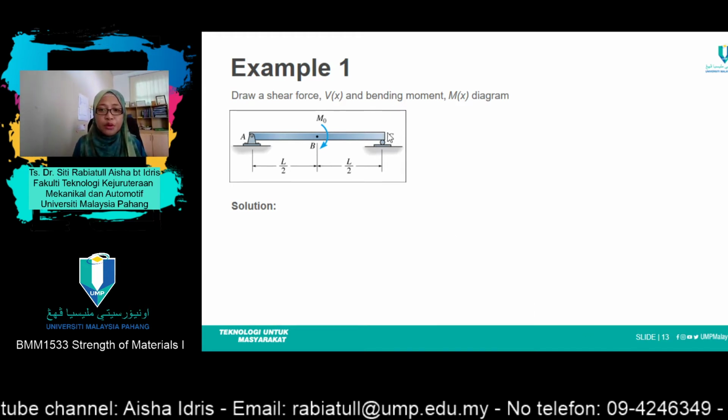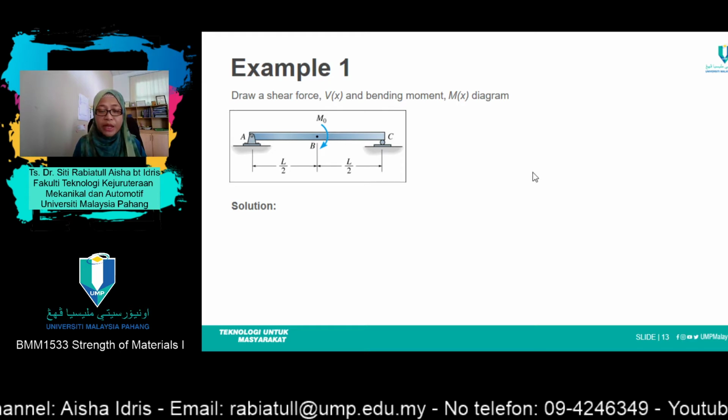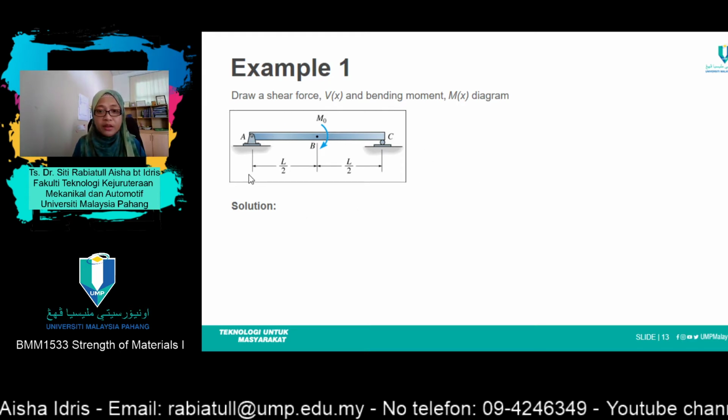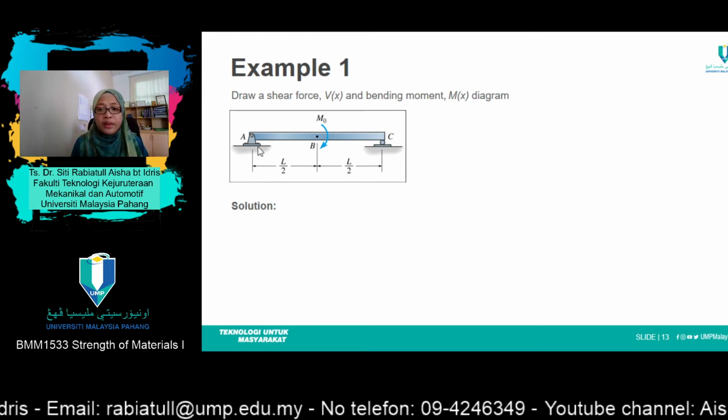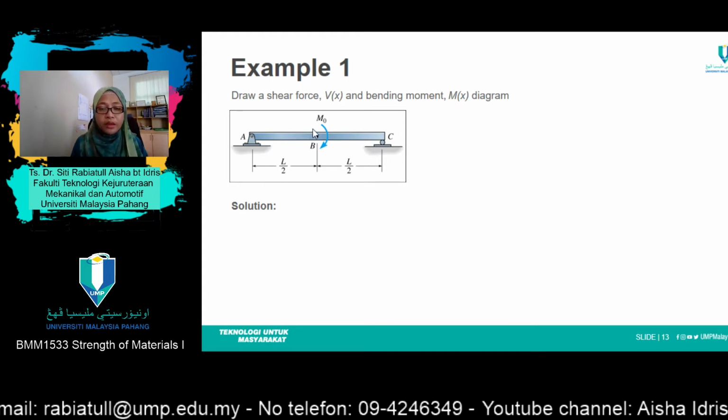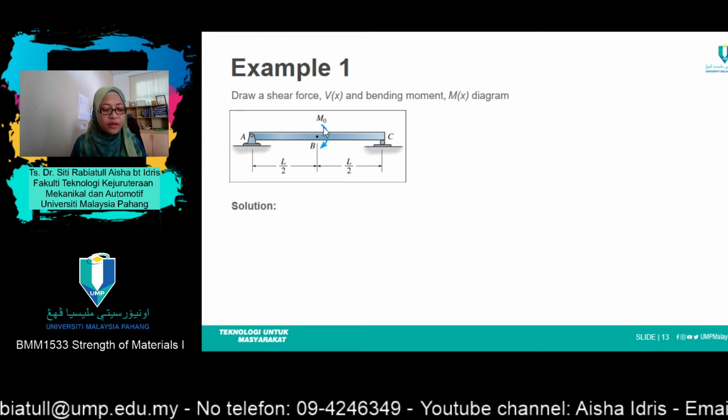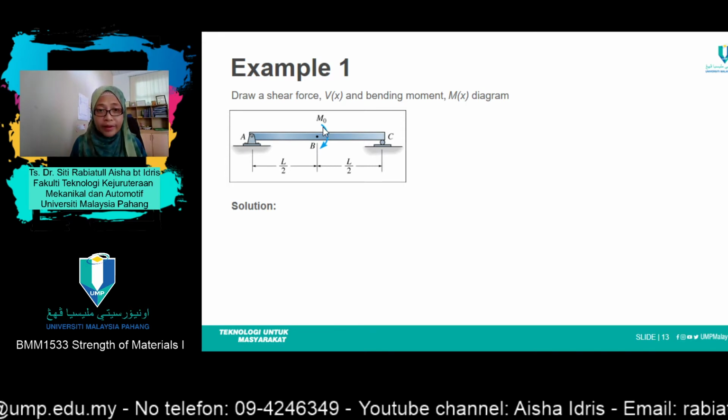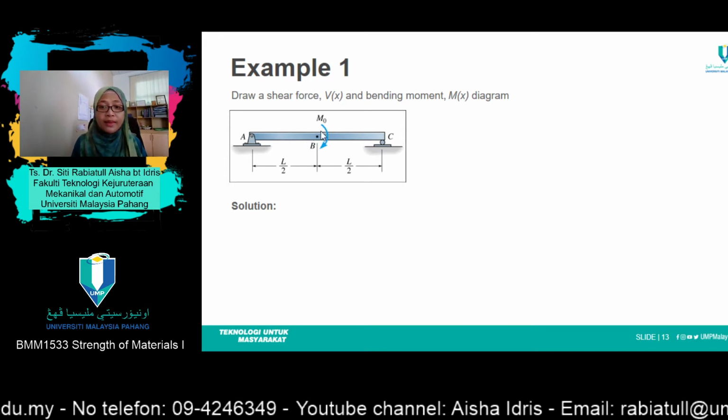The question asks you to draw a shear force and bending moment diagram by looking at this diagram. This is a simply supported beam with a bending moment acting on the beam at the center.